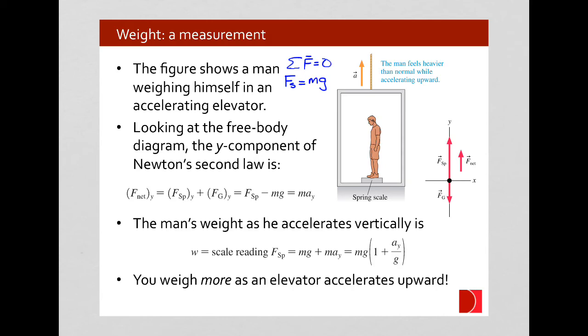However, if we consider instead a situation where we are accelerating upward in an elevator while weighing ourselves, in that case, the net force is the force of the spring and the force of gravity. The spring is pushing us upwards, and gravity is pushing us downwards. But there's a net upward acceleration.